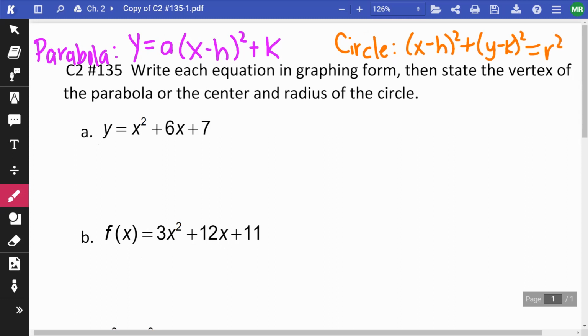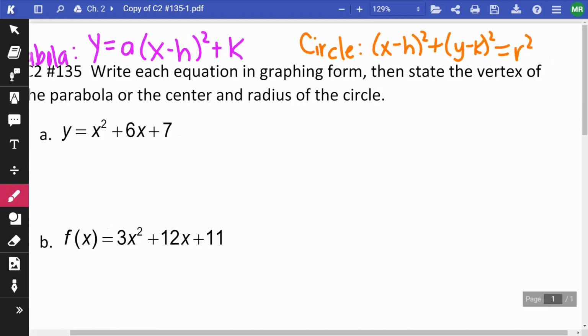And then in both of these, they ask us to either find the vertex or find the center and the radius of the circle. Okay, so on letter A, we're dealing with a parabola. The one thing we want to do when we're doing these, let me just write y equals a x squared plus bx plus c.